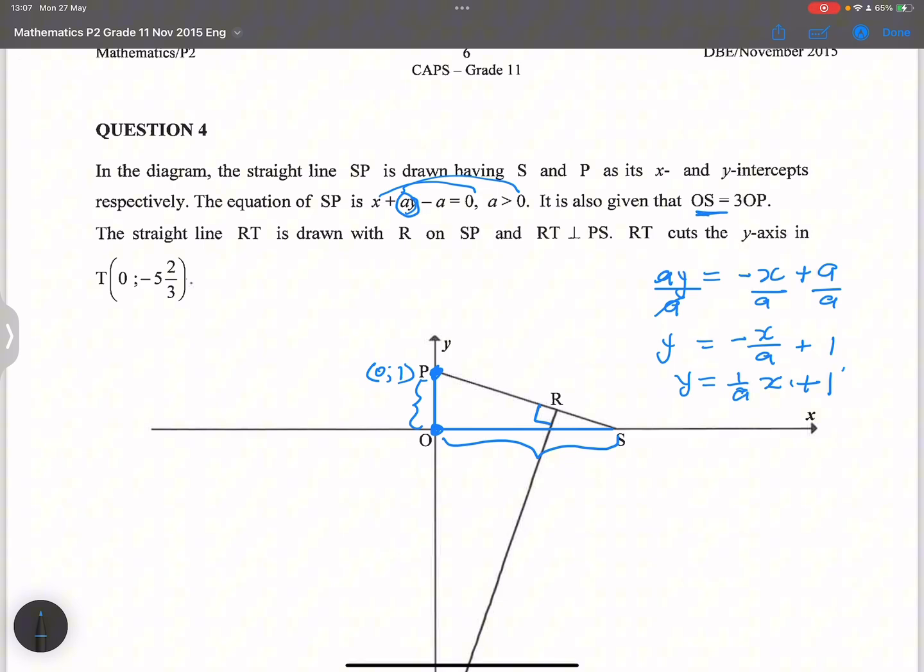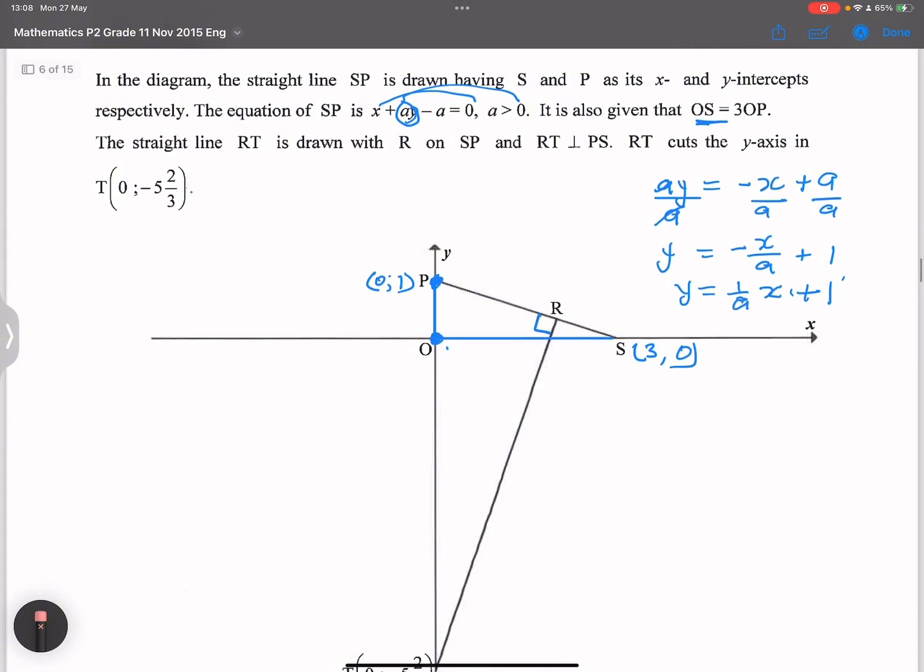So if OP is 1 unit, from y is 0 to y is 1, then this should be 3 times that, which is 3 units. Remember, it is from the origin, from 0. So therefore the point S must have the coordinates (3, 0), since it is on the x-axis, right? So I know one point.